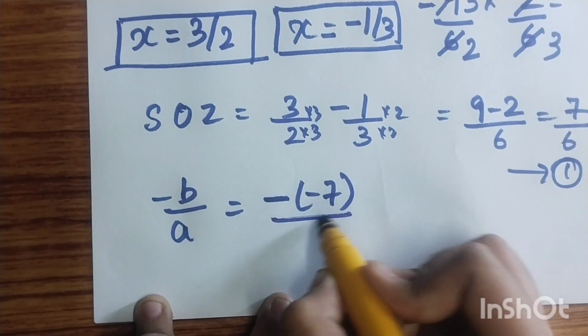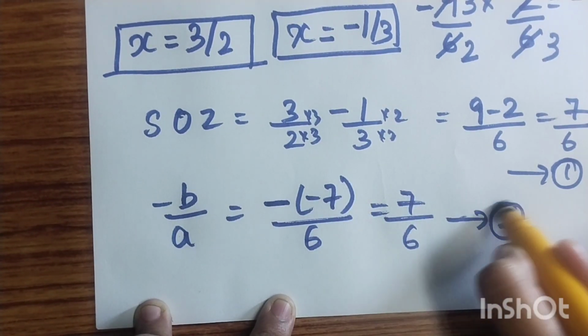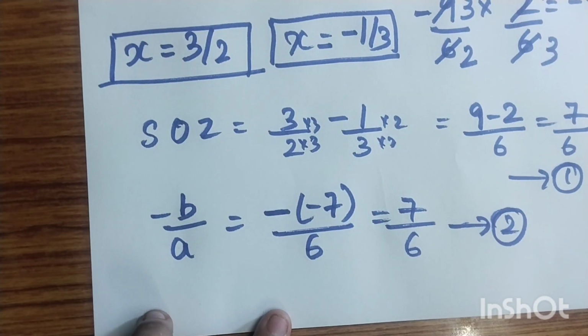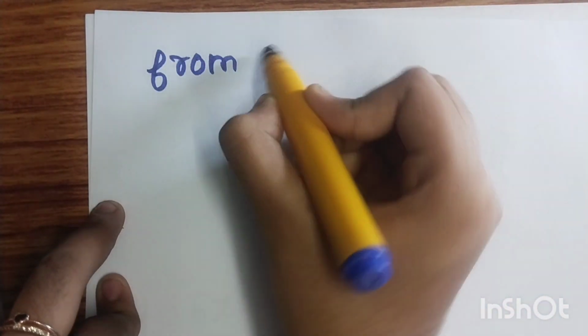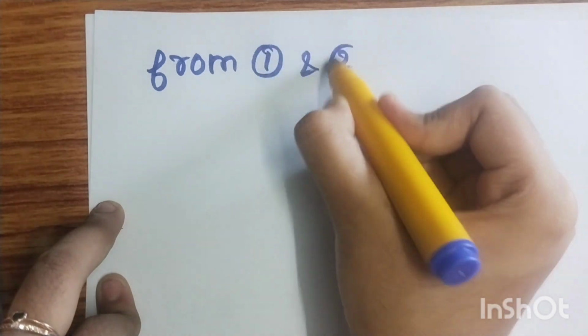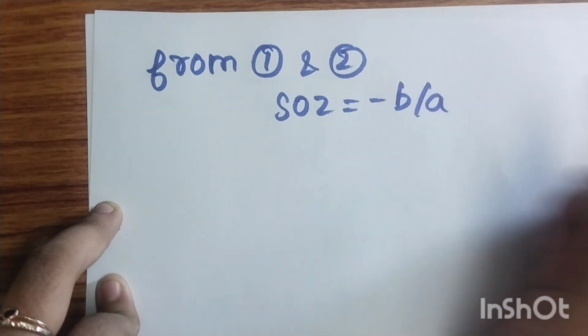So by 6, it is 7 by 6, my second equation. Clear? 7 by 6. So I can write from 1 and 2, SOZ is equal to minus B by A.